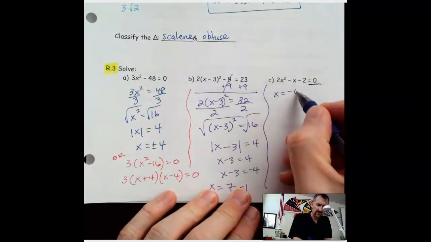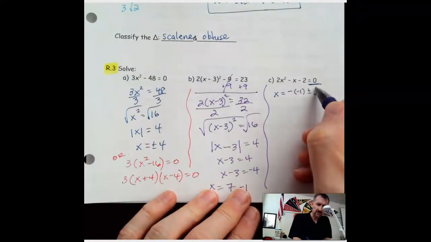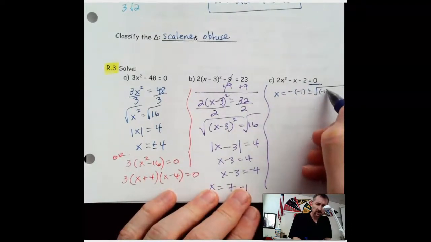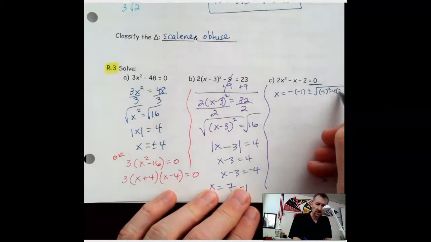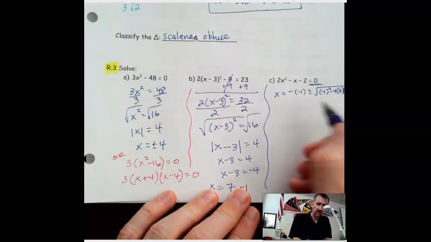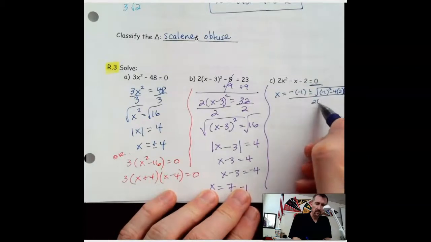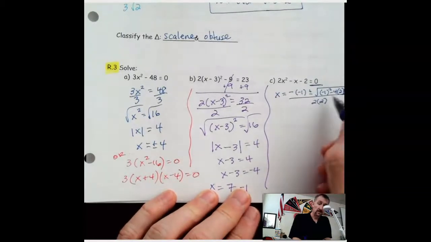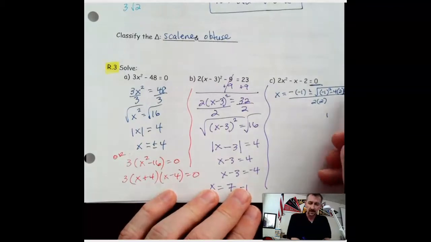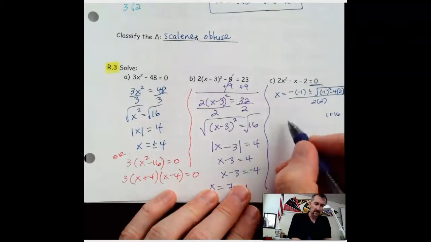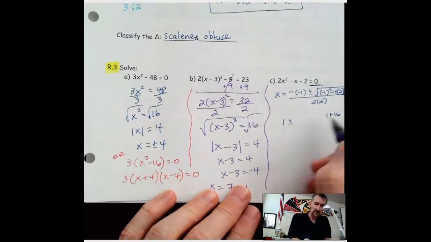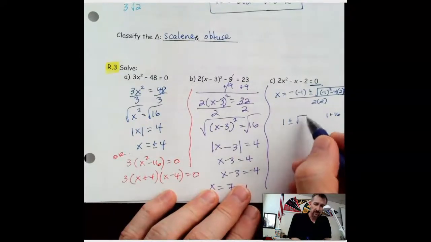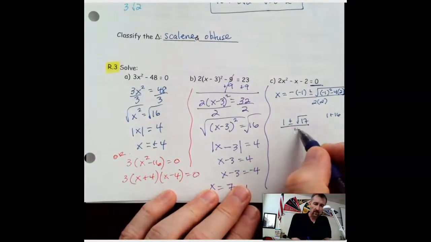So it's the opposite of b, plus or minus square root of b squared minus 4ac, all over 2a. So over here, we're going to have 1, and it's a negative times a negative. So that's going to be positive, so it's going to be 16. So we have 1 plus or minus root 17 over 4.